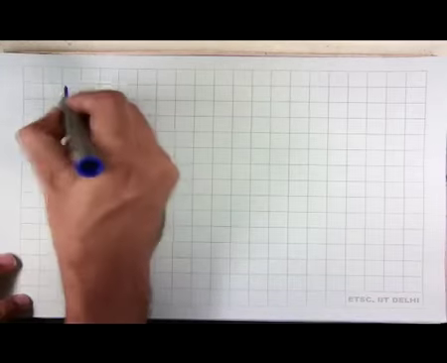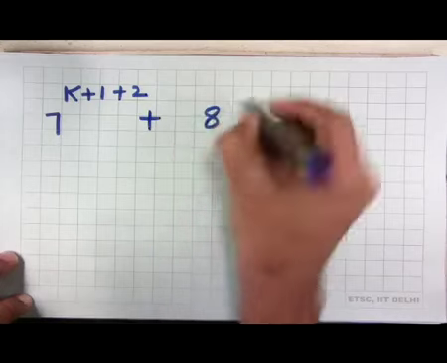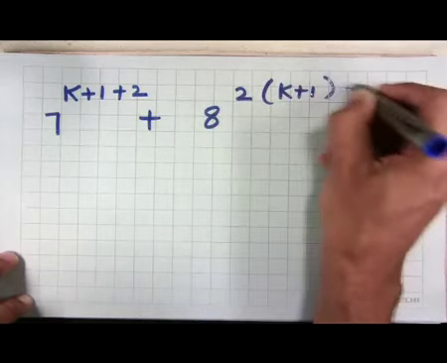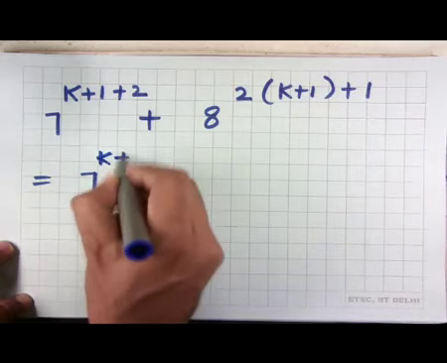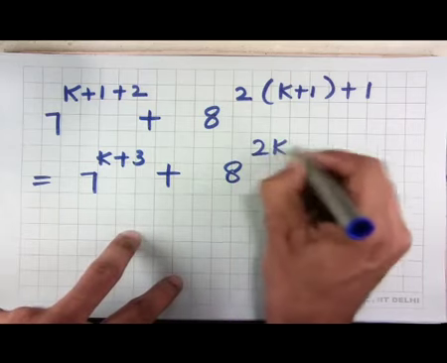This is actually 7 power k plus 3 plus 8 power 2k plus 3.